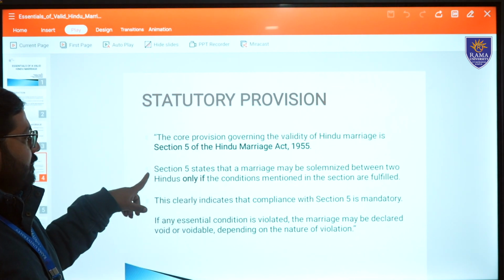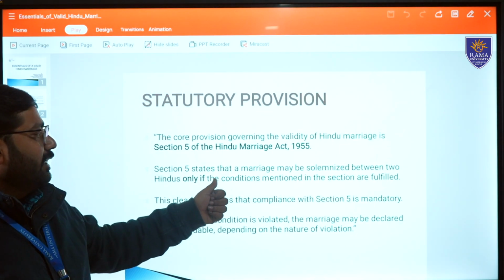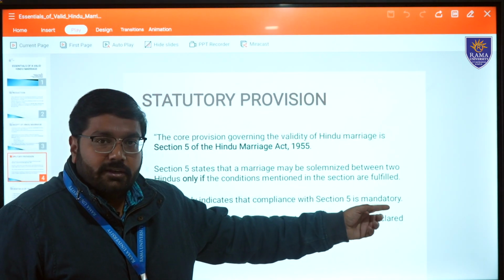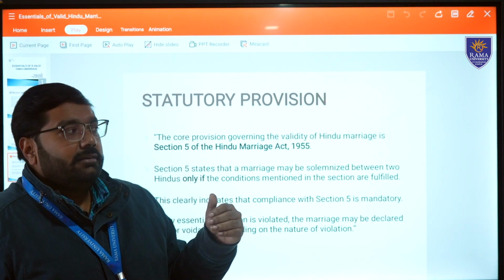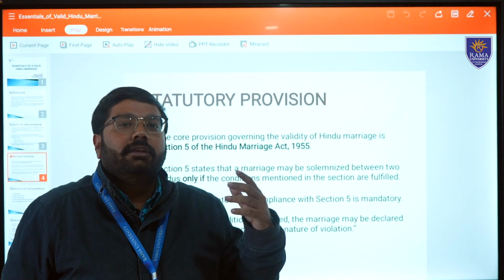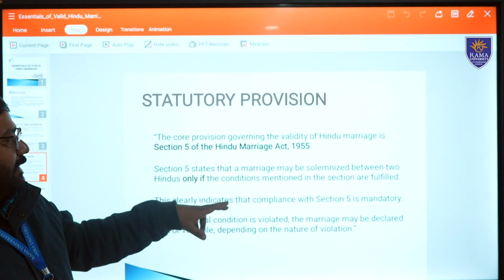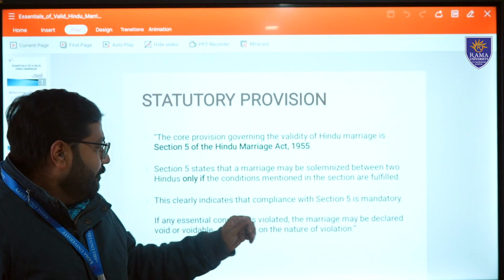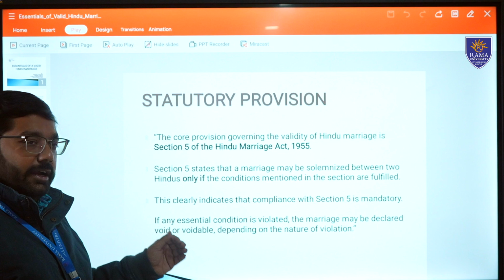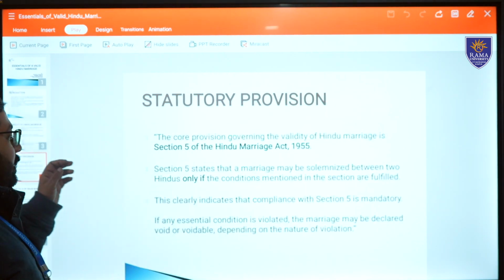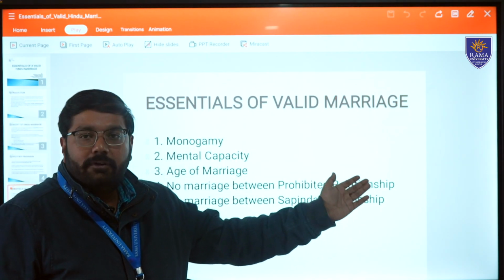Section 5 states that a marriage may be solemnized between two Hindus only if the conditions mentioned in the section are fulfilled. This clearly indicates that compliance with Section 5 is mandatory. If any essential condition is violated, the marriage may be declared void or voidable, depending upon the nature of the violation.